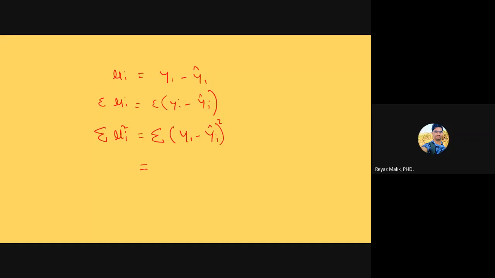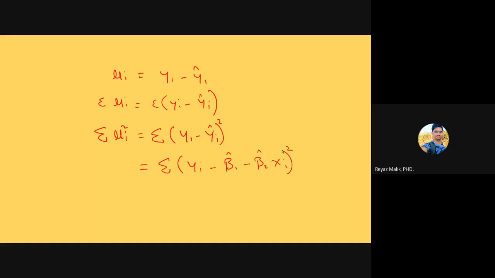Then further expanding it, we will write summation of yi minus beta 1 cap minus beta 2 cap xi, whole square. That is the residual sum of squares. Residual sum of squares. Correct? So that is OLS estimation.